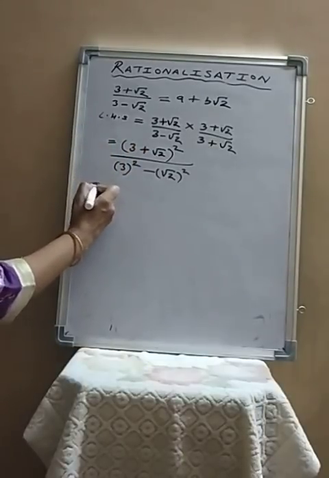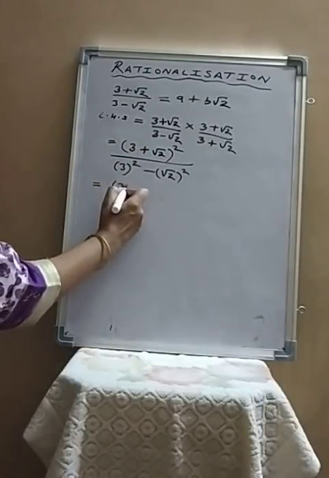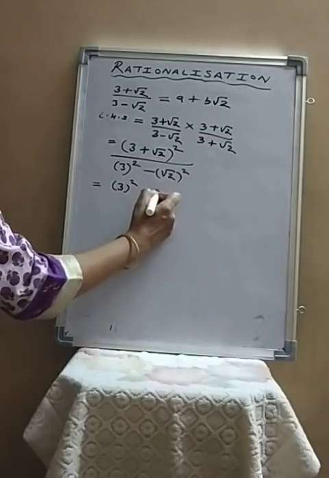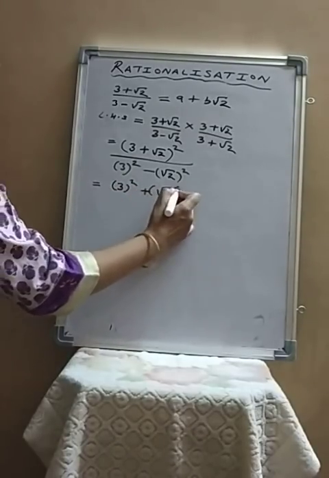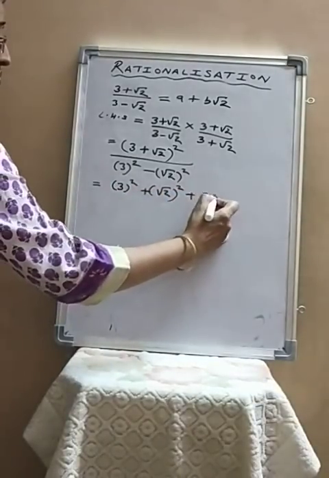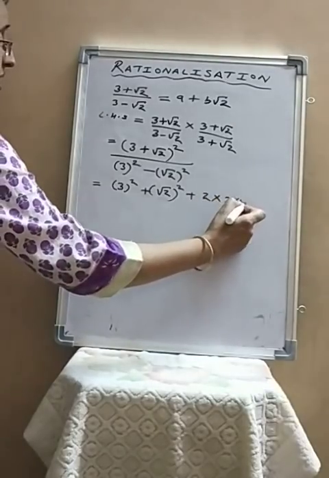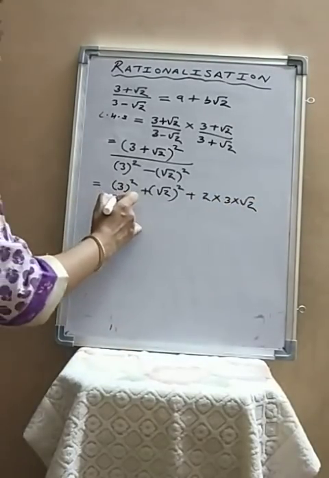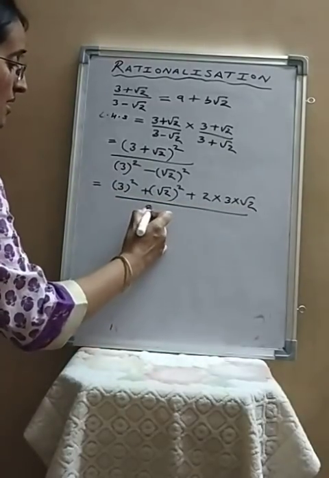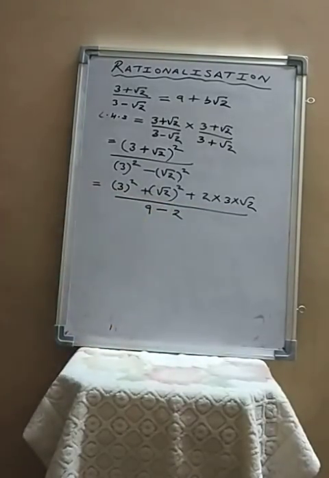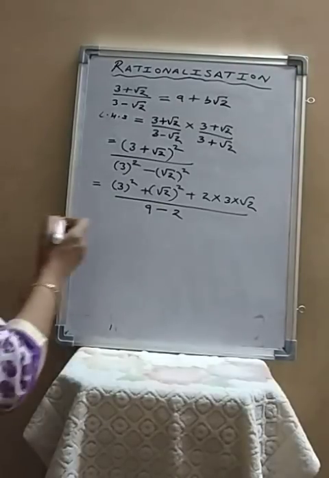So let's apply the identity a square plus b square plus 2ab. And in the denominator we have 9 minus 2. So let us simplify it.